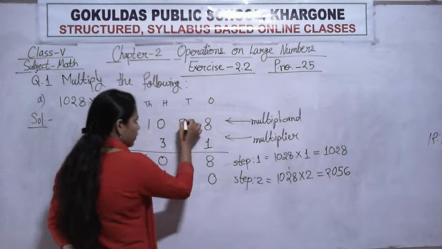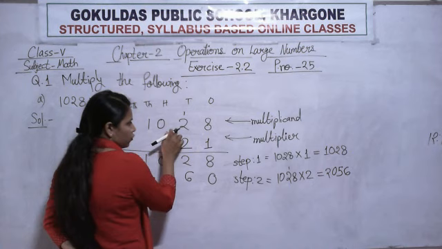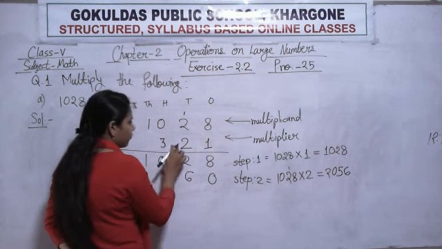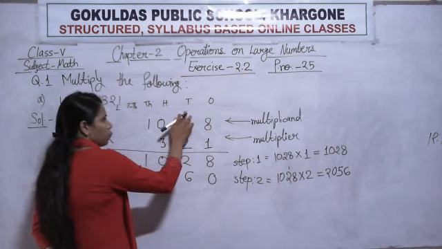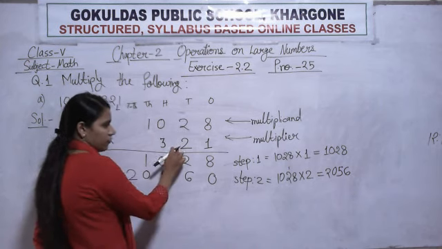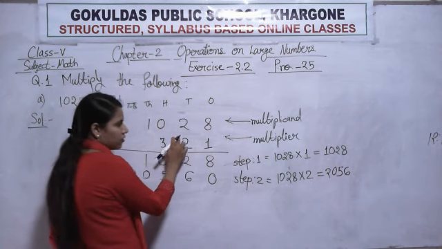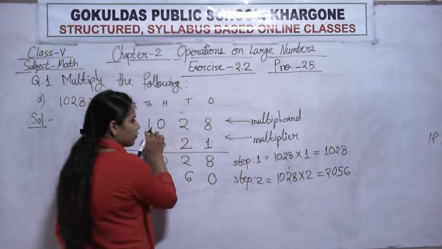So you will write 6 over here, 1 will be carry. 2 2s are 4 and 1 is 5. 2 into 0 is 0. 2 1s are 2. So it is your answer. Now your multiplication with 2 is done.